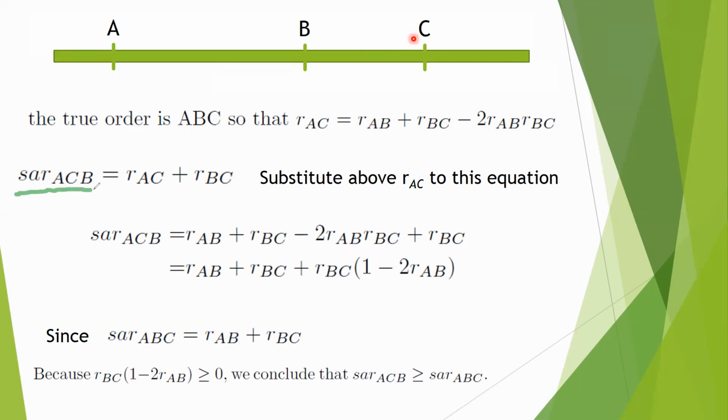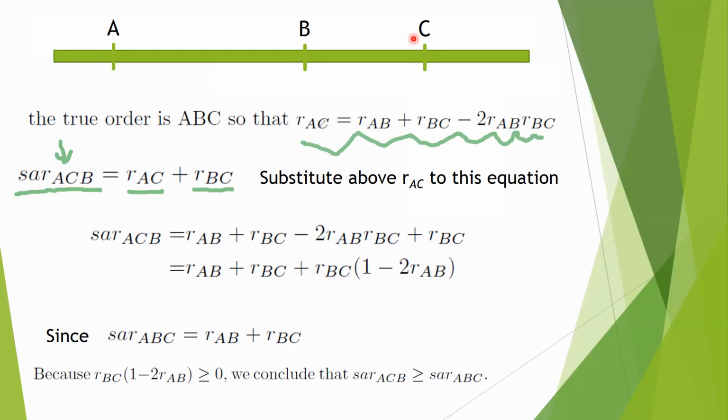Now, let's calculate the SAR ACB. Suppose we want to calculate ACB. This order, we don't know if it is correct or not. Then we need to get the summation of this RAC and RBC, right? Now, this is the real situation.